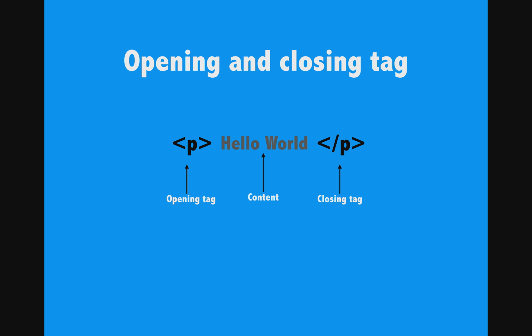Is it a paragraph tag, which is just normal text, or is it an image tag, which doesn't have a closing tag, which you will learn about later in this course, or is it a video tag? You can go on with this flavor. And then you have some text inside of here. So that is what elements and tags are in HTML5. It is one of the most important parts of HTML because it allows you to structure your code.